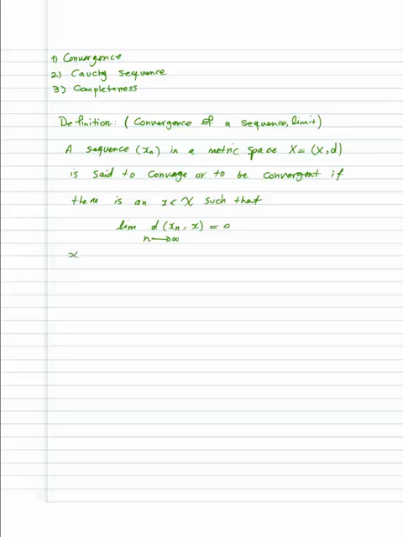And x is called the limit of xn, and we may write it as the limit of xn as n goes to infinity equals x. Okay, let's see this definition.